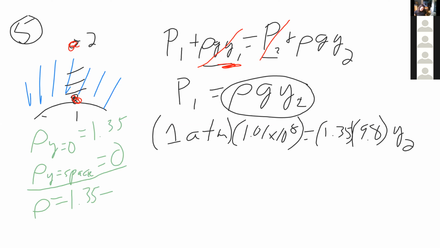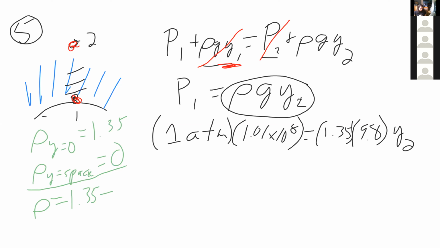Yeah. So we want, as y goes to the height, this to go to 1.